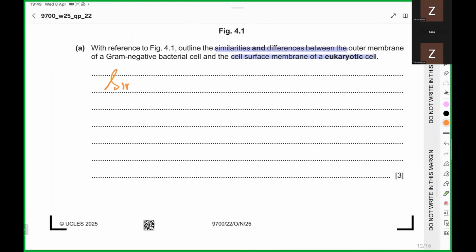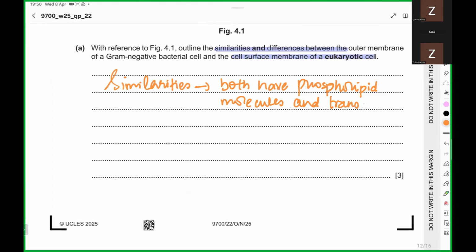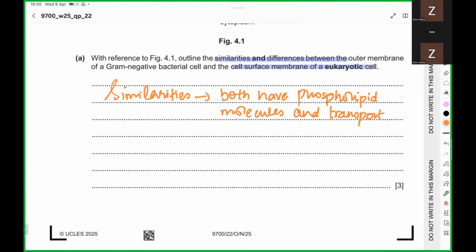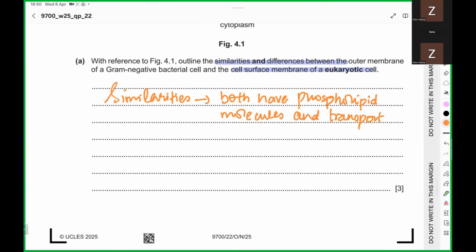So similarities, both have phospholipid molecules and transport protein.